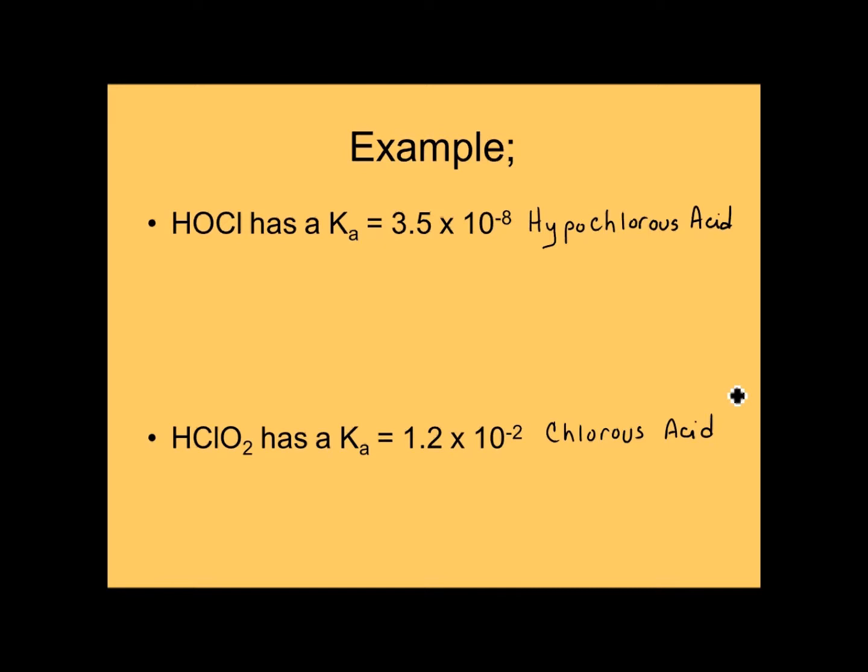Now, which of the two is stronger? Compare the K's. Ka of the chlorous acid is larger than the Ka of the hypochlorous acid. It is a stronger acid. So this one is the stronger acid, make sure we write that word.